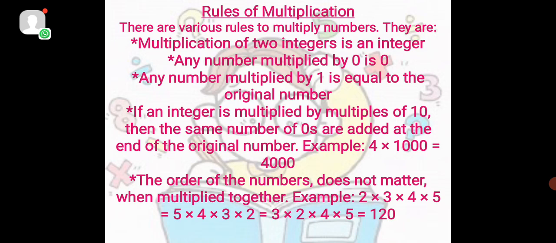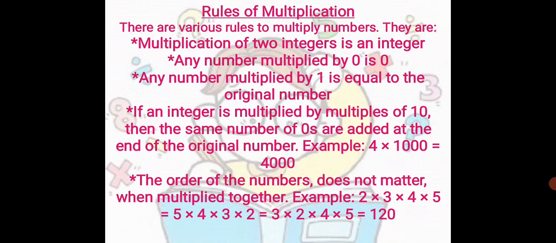There are various rules to multiply numbers. They are: multiplication of two integers is an integer. So, if we multiply two digits, the result will also be another digit. That means if we multiply two integers, the result will also be an integer.